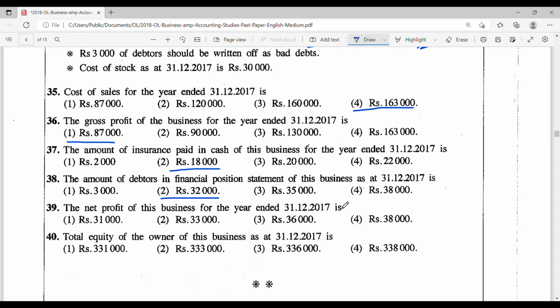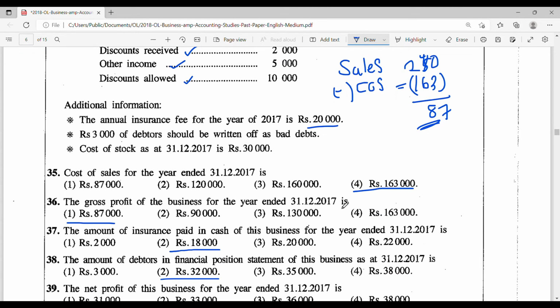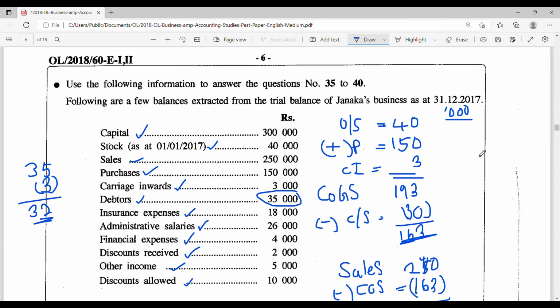Question 39. The net profit of this business for the year ended 31st December 2017 is. Now you need to find the net profit. You know the gross profit is 87,000, so let's mark it here: GP, gross profit, is 87. Now you need to deduct all your expenses and add certain income to arrive at your net profit.